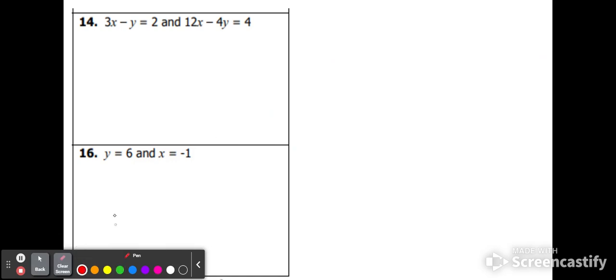All right, now I want to talk about question 16. They're very short equations like we talked about with vertical and horizontal. So if we were to draw that y equals 6, then y is 6 no matter what x is. So 1, 6, 2, 6, 3, 6, and we're getting a horizontal line.